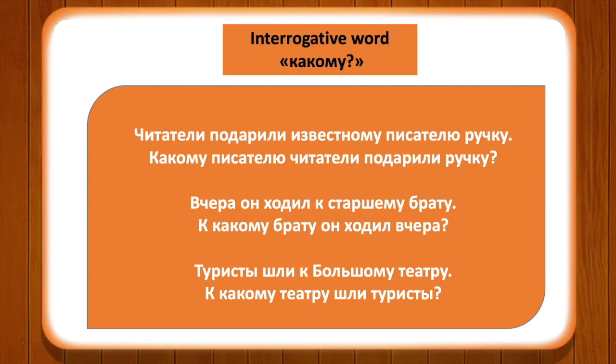Now the next one is туристы шли к большому театру. К какому театру шли туристы? К большому театру. So with the help of к and какому, we have understood the usage and the meaning of sentences while using the question какому for masculine gender adjectives along with the nouns.